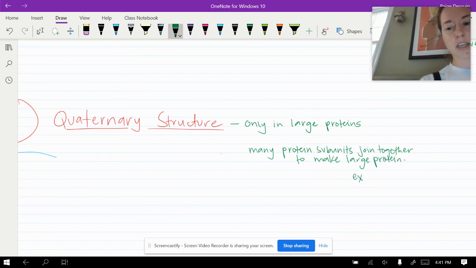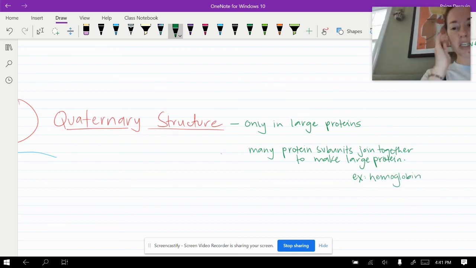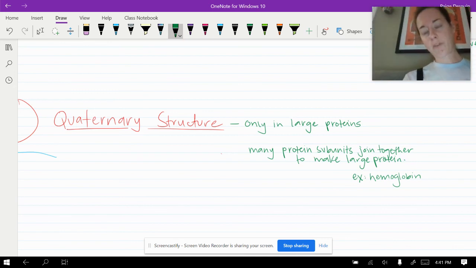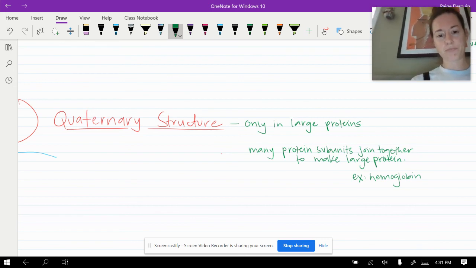An example of this is hemoglobin, which is the protein that carries your oxygen around your blood, but it is actually four protein subunits that link together to make a larger protein.